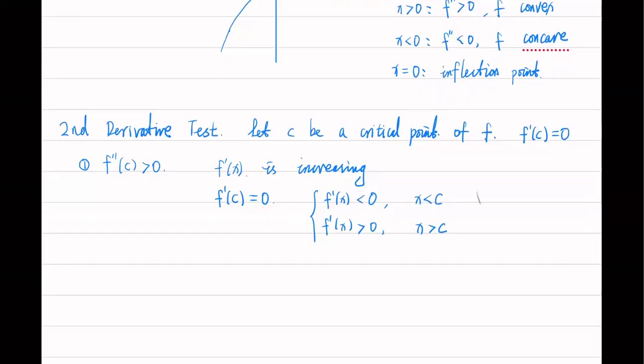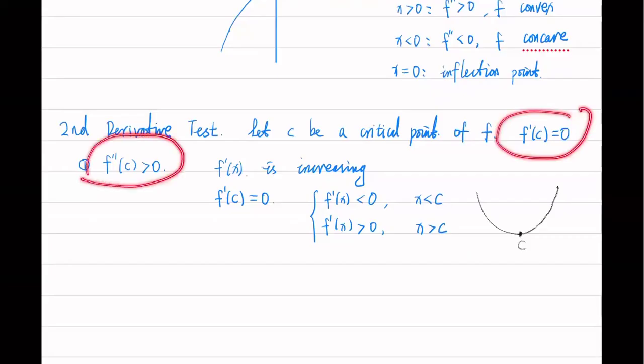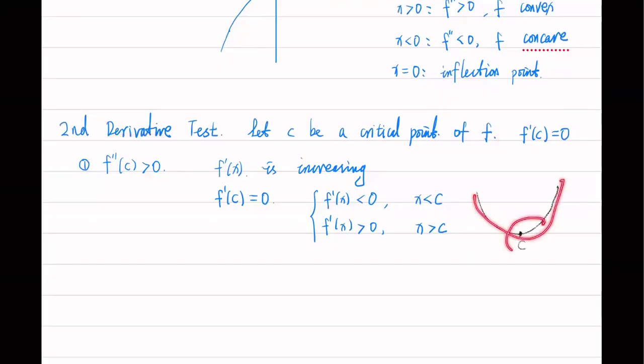On the left it is decreasing, and c is a critical point. Then it becomes increasing. So this time, at a critical point, if the second derivative is positive, it will be something like this. We have a local minimum.